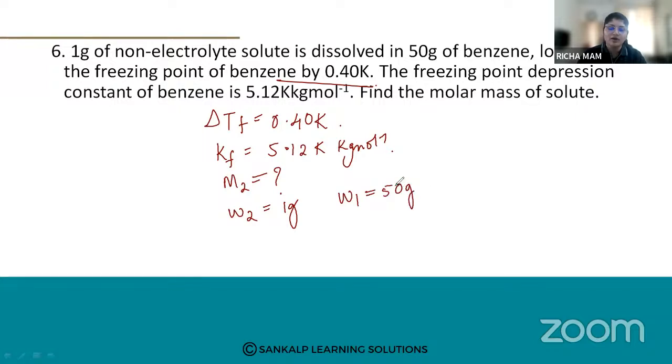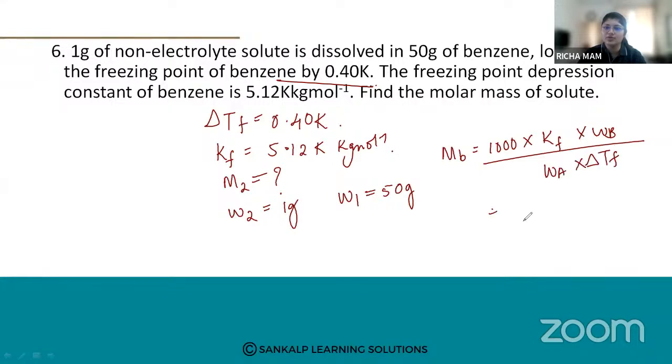Okay. Now, how do you calculate? Put the values. So the formula is M2 equals 1000 KF WB divided by WA into delta TF. This is for depression in freezing point. So put the values: 1000 into KF is 5.12 into WB is 50.